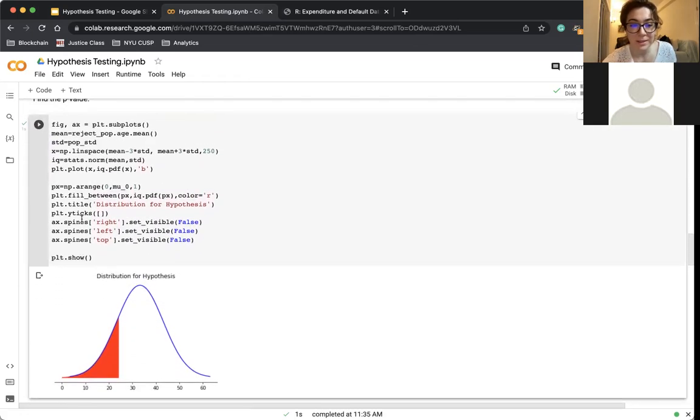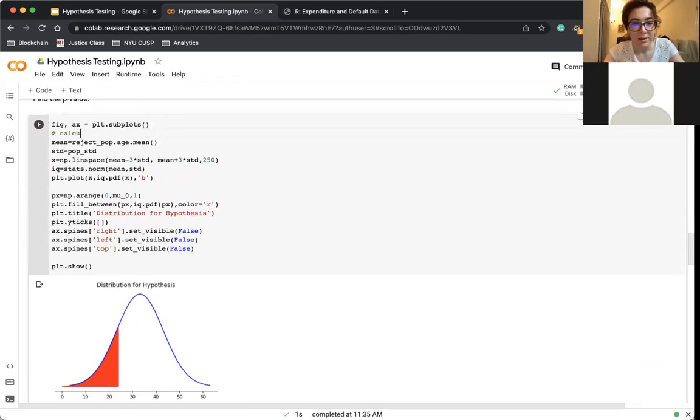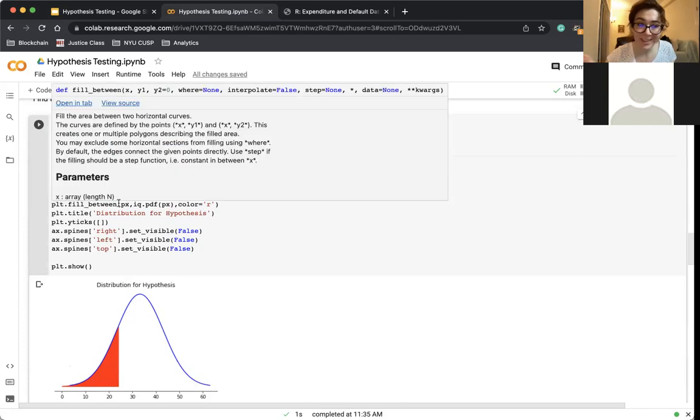So I just wanted to visualize this, where we have our mean from the population, and we have the standard deviation of the population. And I just created a distribution along the x-axis to represent what that would look like.